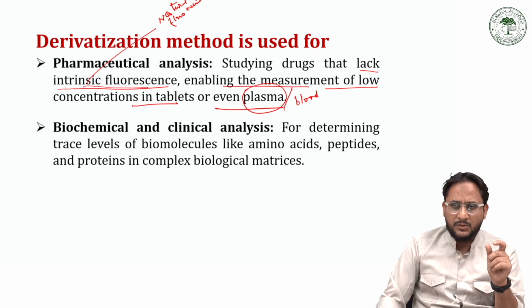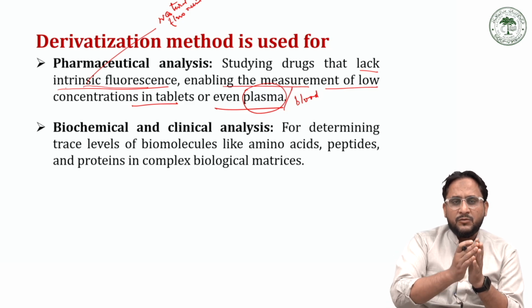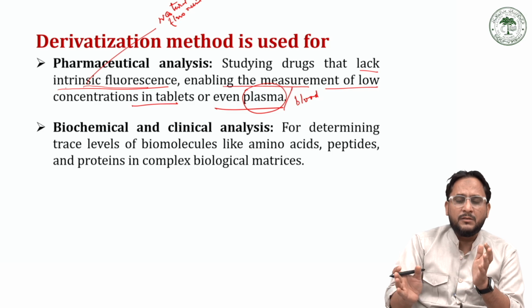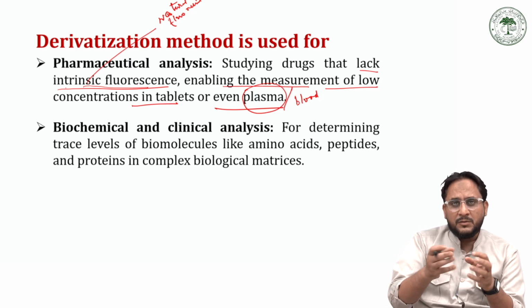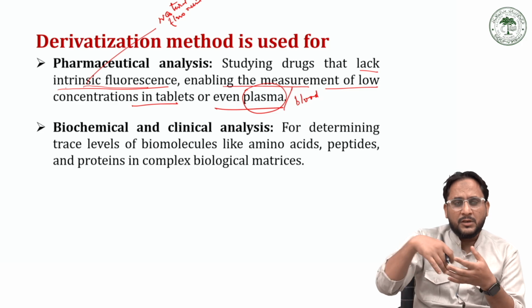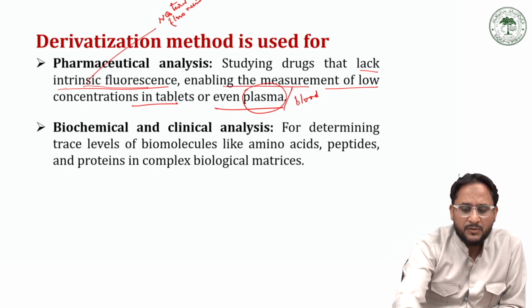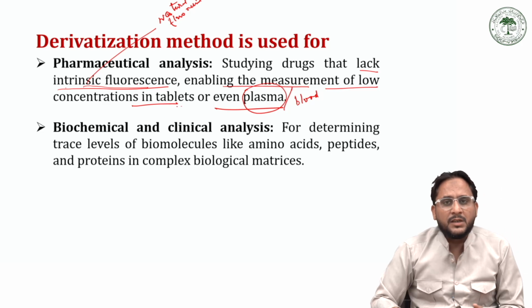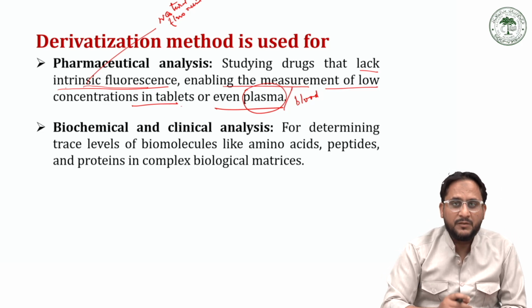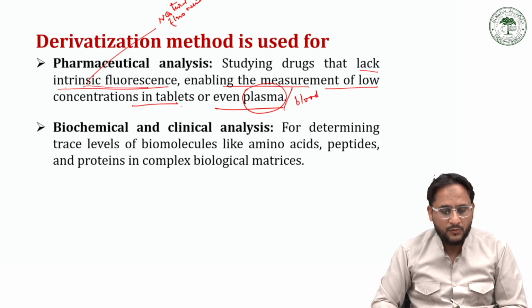Serum is actually plasma which does not contain clotting agents. If we remove fibrinogen, the protein that produces fibrin which clots the blood, the plasma left is called serum. So in serum, plasma, as well as in tablets, we can identify those drugs. Even if they do not show fluorescence naturally, we make them show fluorescence.